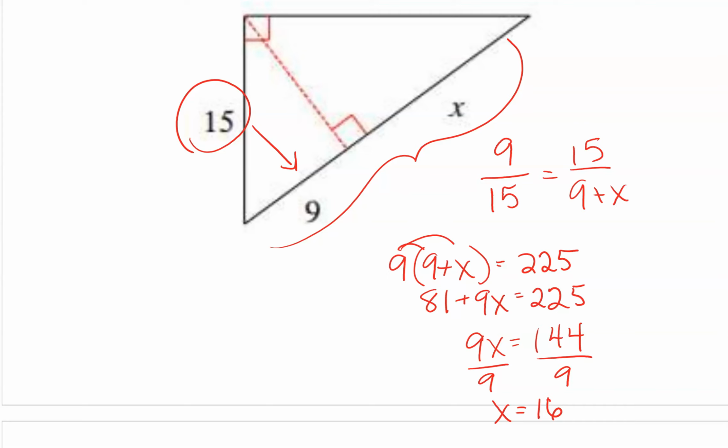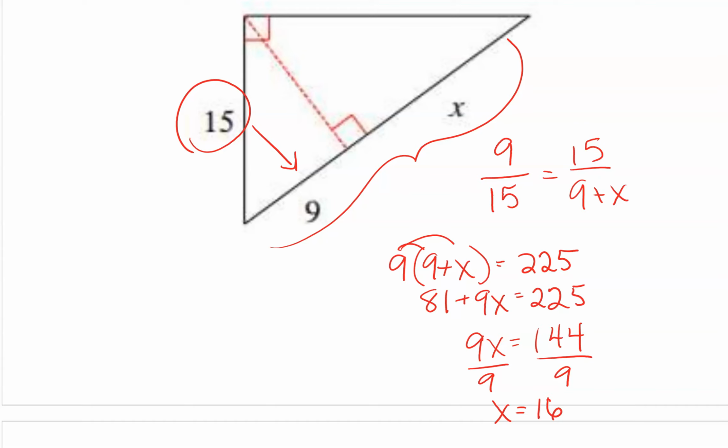And just a quick note, I just rewatched the video, and there were a lot of times when I said similarity statement, when I meant to be saying proportion. A similarity statement shows how two triangles are similar.